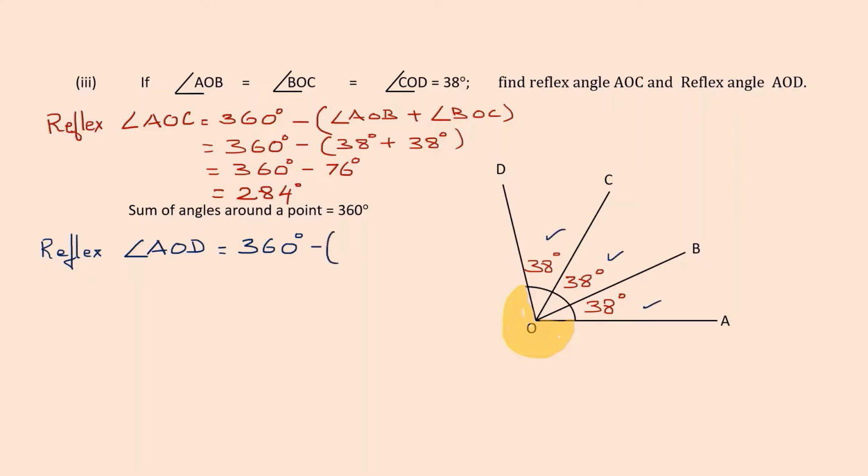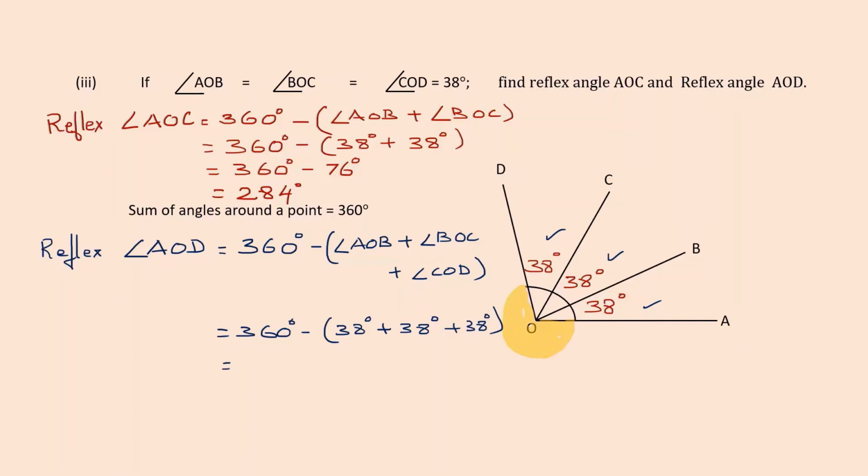That means we need to subtract angle AOB plus angle BOC plus angle COD. So that is 360 degrees minus 38 degrees plus 38 degrees plus 38 degrees.